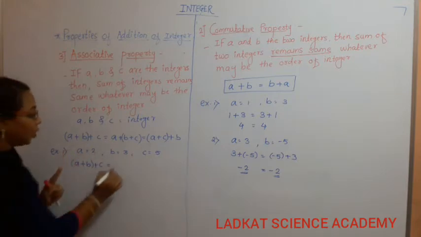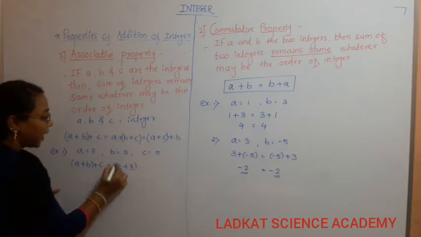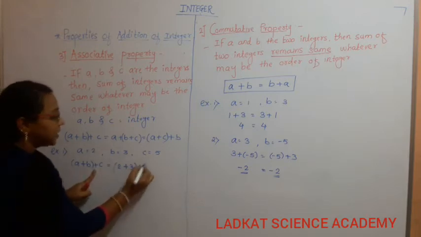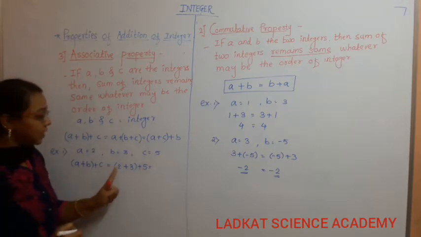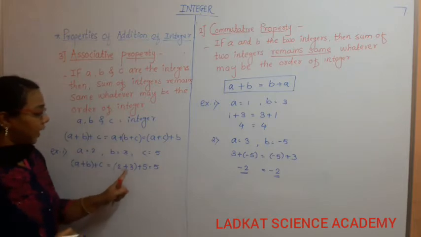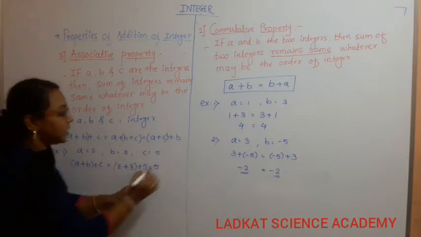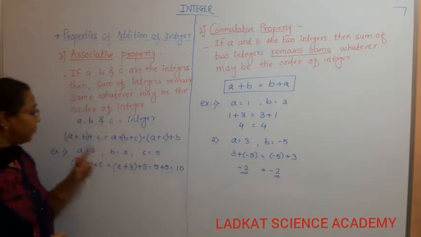A is 2 plus B is 3 in brackets, plus C, plus 5. First we will solve the bracket, that is 2 plus 3 is 5, and plus 5. We got the answer 10 in the first order.